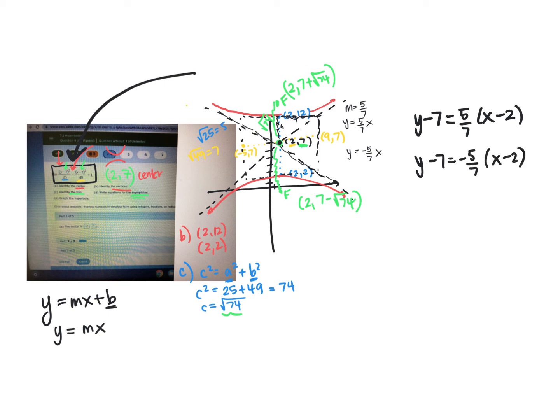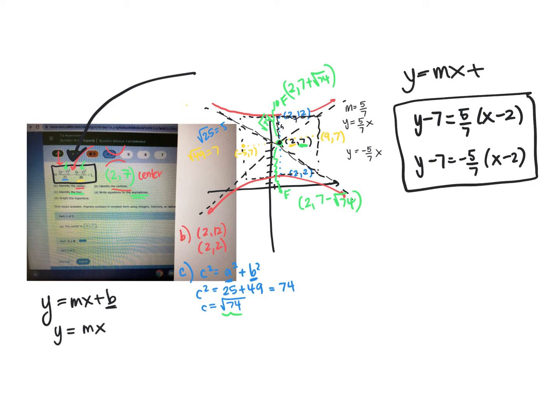Now this would be perfectly acceptable, but I think in your answers in ALEKS, it wants it in the form y equals mx plus b. So when you enter them, you're going to have to do some simplifying. So for the first equation, we'll have y minus 7. If I distribute the 5/7, it'll be 5 over 7x minus 10 over 7. So to put it in that correct form, y equals mx plus b, I'm going to add the 7 over.